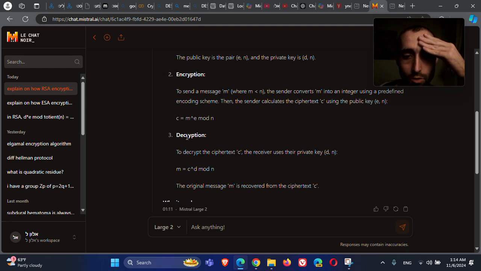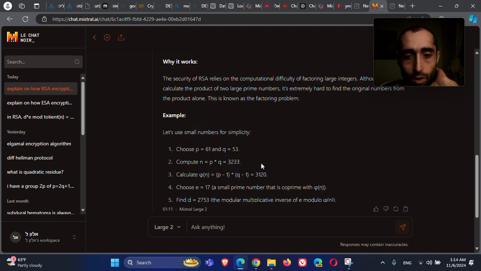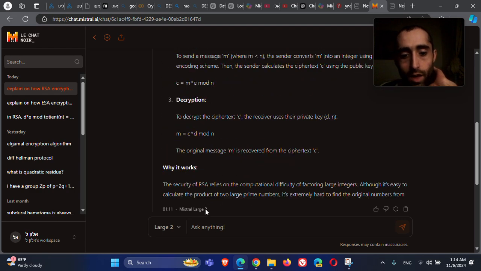Now to decrypt the message, the receiver uses the private key, the d, which is the inverse of e modulo totient of n. He takes the ciphertext to the power of d modulo n, and this recovers m. Why does it recover? Because c to the power of d is the same as m to the power of e, with the power of d, so m to the power of ed modulo n.